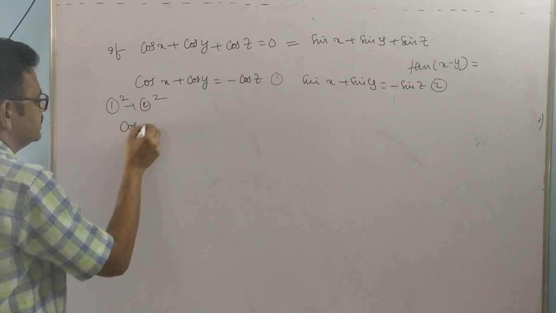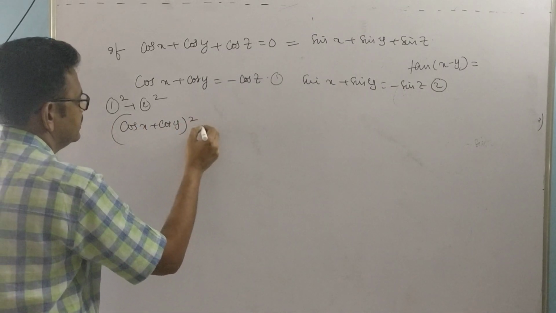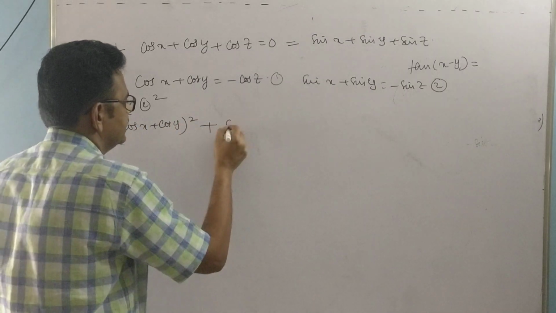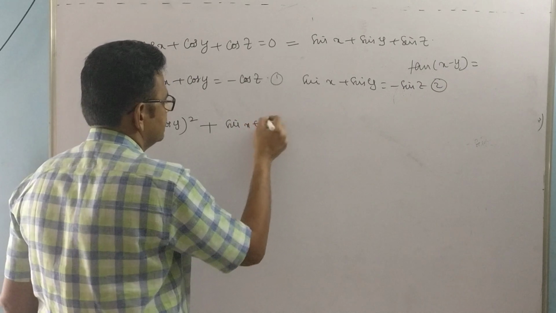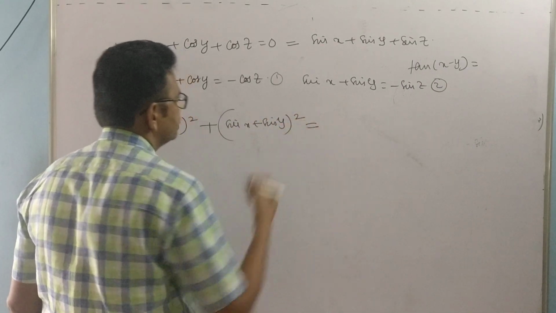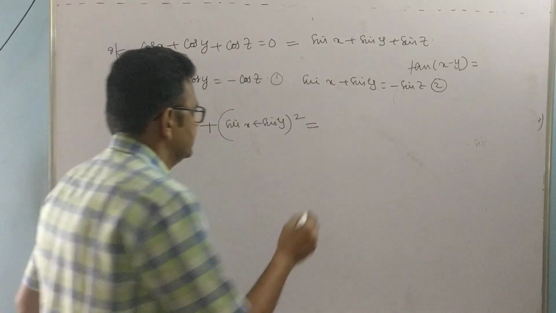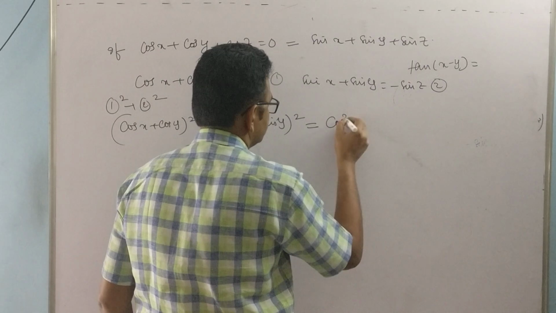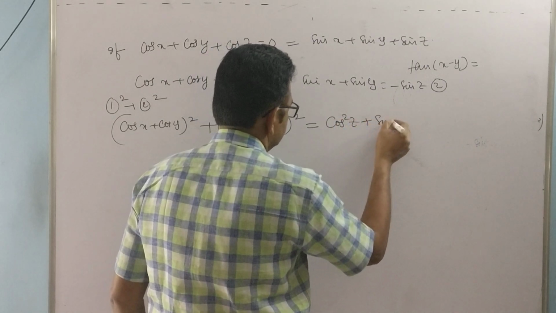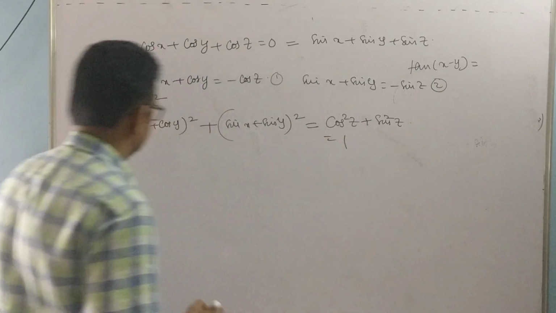So this is cos x plus cos y whole square plus sin x plus sin y whole square is equal to cos square z plus sin square z, so this is 1.